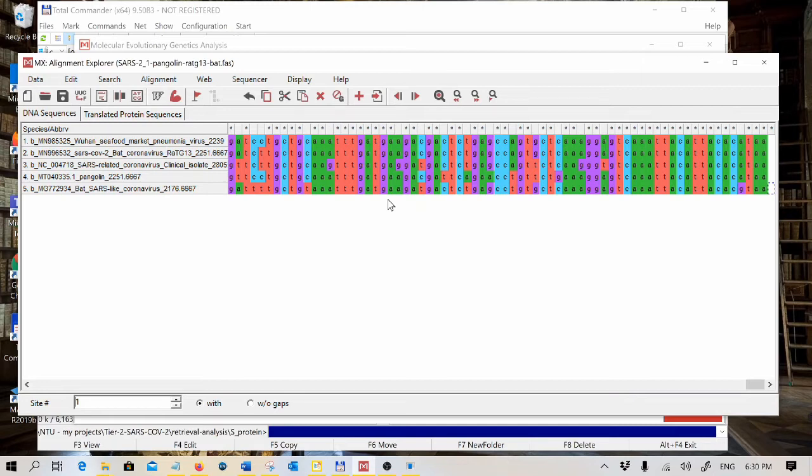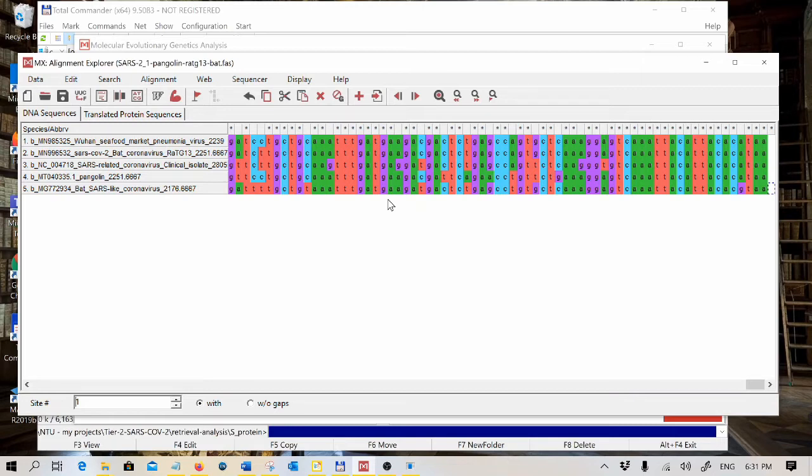So if, let's say, we change a nucleotide, but it doesn't result in an amino acid change, it's called synonymous substitution. However, if a nucleotide is changed and the amino acid is also changed, it's called non-synonymous substitution. So comparing synonymous versus non-synonymous substitutions, we might tell how strong the selection is.